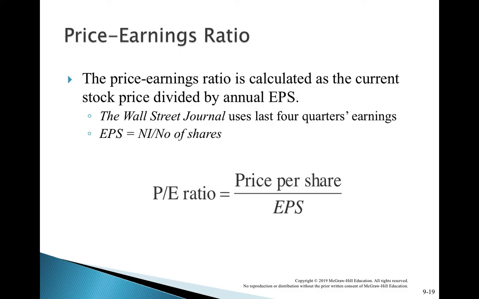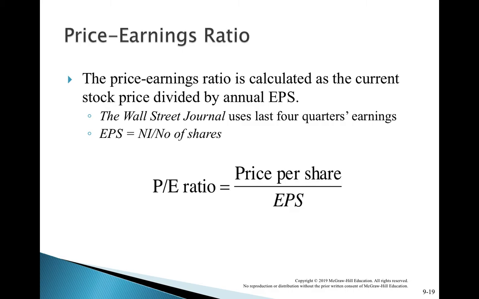Now, price will be the latest price in the exchange. So, price earning ratio uses the simple formula price per share divided by earning per share. If you are using the current price per share divided by the last 4 quarters earning per share, then you are using the PE ratio trailing. That is called PE ratio trailing.